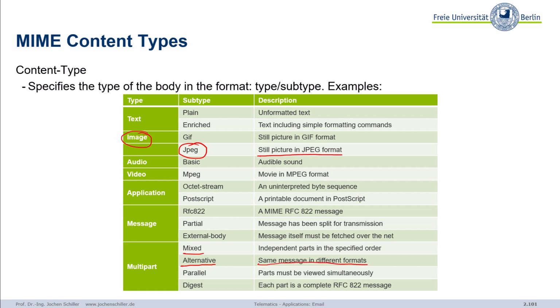So you see, there are many different types now suddenly, and it's not ASCII 7-bit only. Proprietary types in addition, like Microsoft Word and all these things. And this is the reason why you can now attach a Word file to a message and the receiver knows how to handle it.